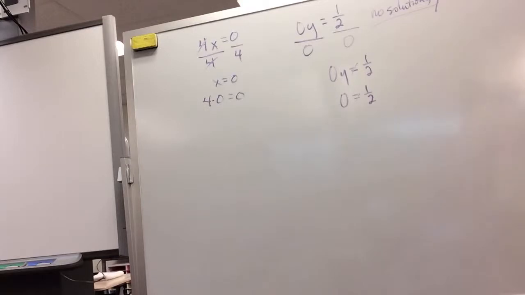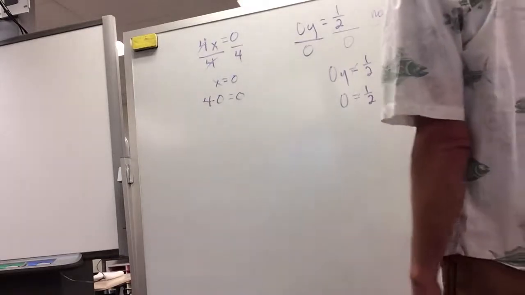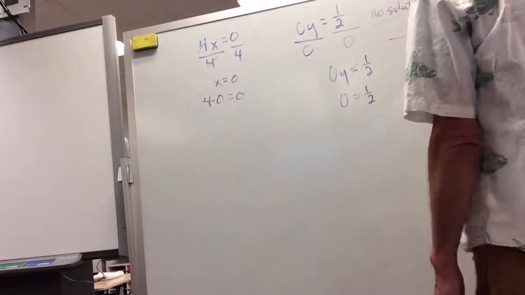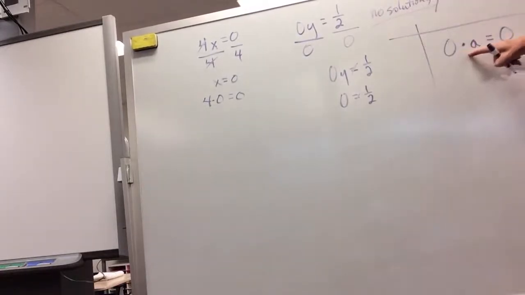Keep going. 0 times a is equal to 0. This is a good one. Can we divide by 0 to figure this out? No. So what we do to solve it is say, well, 0 times any number is 0. How we end up like this is important because we're going to get to it late in the year when we do something called systems.